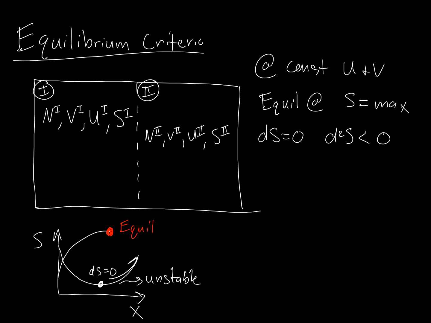Okay. So what we're going to do is take our system and apply our mathematical criteria of entropy equal to a max. So dS is equal to 0 and d squared S is less than 0.